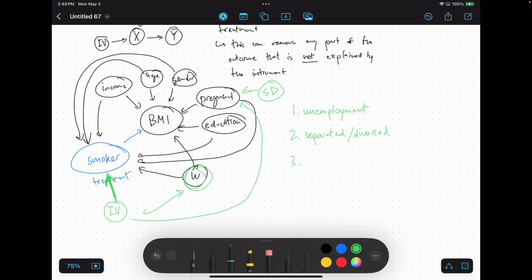Okay, what about whether or not there's a cigarette tax? So if you have a cigarette tax in place, would that affect someone's predisposition towards smoking? Probably, maybe, right?